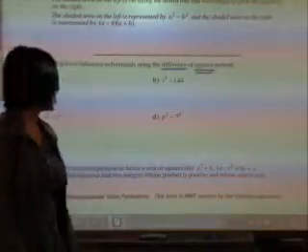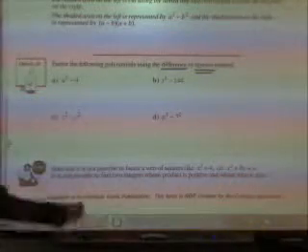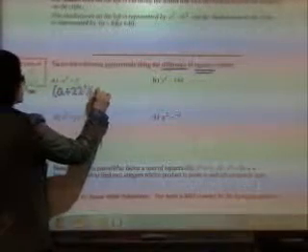So a squared minus 4, it's a minus. That means it's a difference. Can I take the square root of a squared and of 4? The answer is yes. So I get an a plus 2 and an a minus 2.